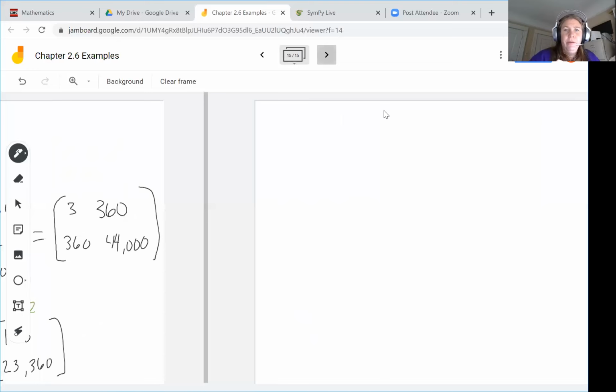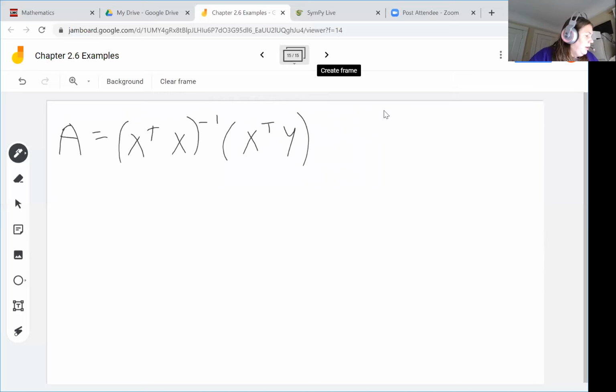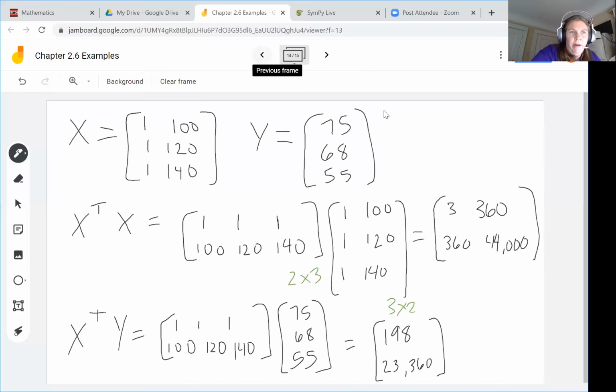Okay, now let's head into figuring out matrix A. So matrix A from our formula is going to be X transpose X inverse multiplied by X transpose Y. And so you can check the inverse calculation in SymPy. I'm doing the inverse calculation of our X transpose X calculation from right here. Our 3, 360 in the first row, 360, 44,000 in the second row.